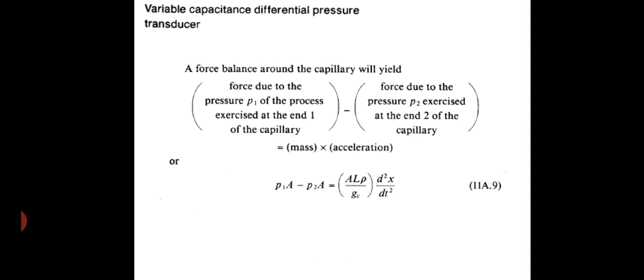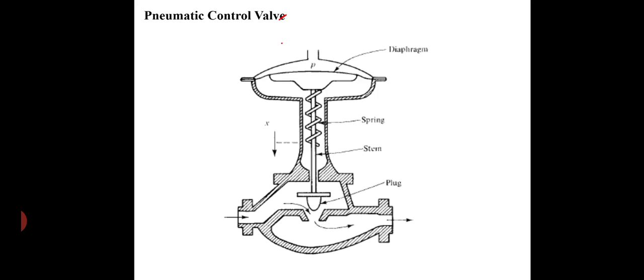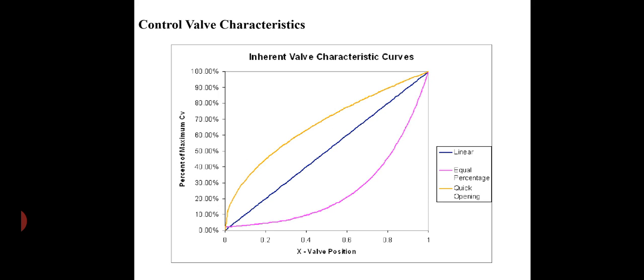Now you can see in this picture, we have started the slide, the different types of characteristic. Again I am telling you, the characteristic represents the relationship between the flow rate, that is the pressure supplying through the valve, and the displacement, or you can say the stem position traveled from 0 to 100%.